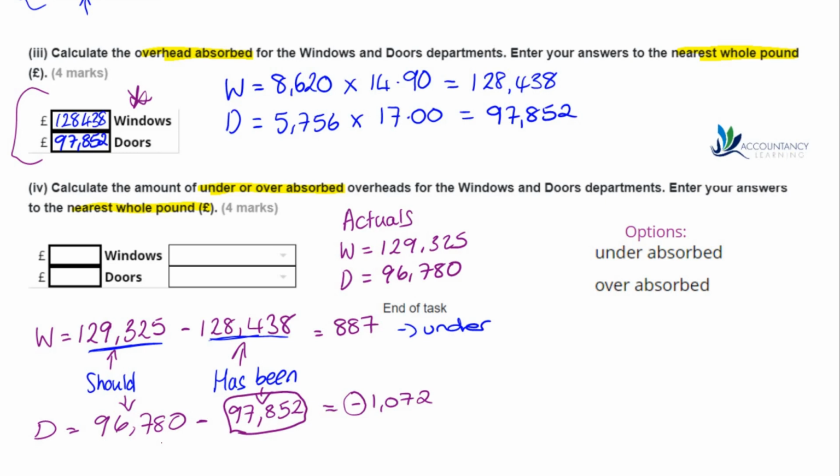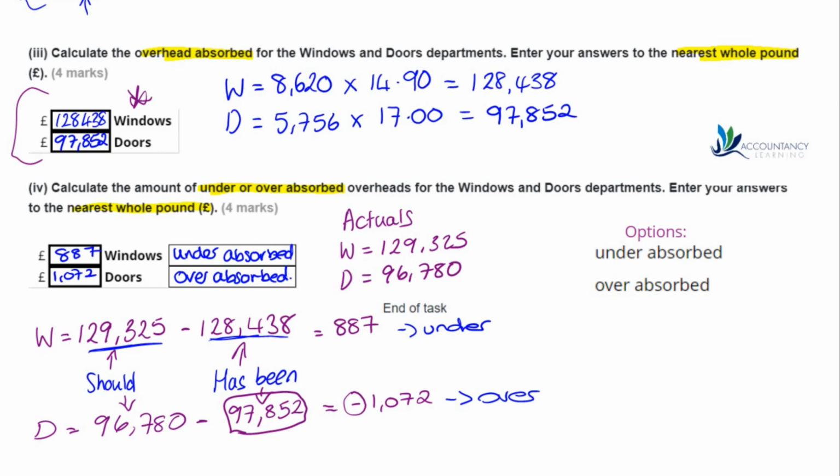So that means we've actually taken on more of that expense. So therefore that would be over. That would be under absorbed, and doors is over absorbed.